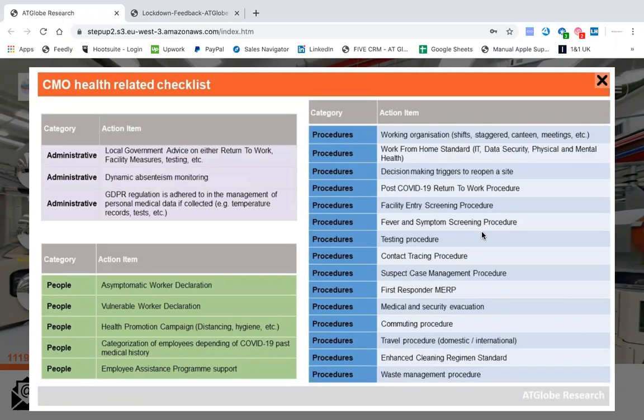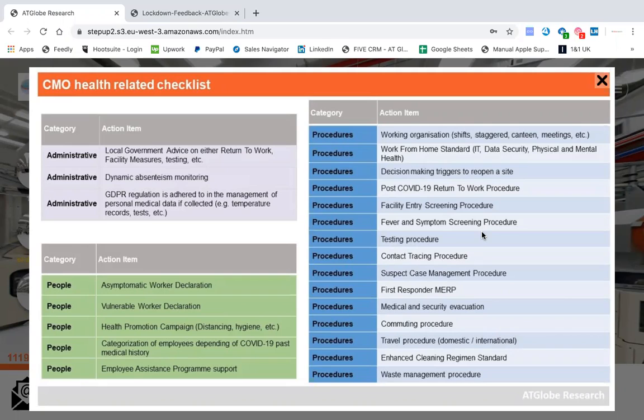The other thing is to think about decision-making processes to reopen. I'm sure your board will be involved in that, but also return to work policy, facilities entry screening procedure, fever and symptoms screening procedure, testing procedure, contact tracing procedure, suspect management procedure, first responder procedure, medical and security evacuation, things like travel procedures, especially where they might require some international travel.